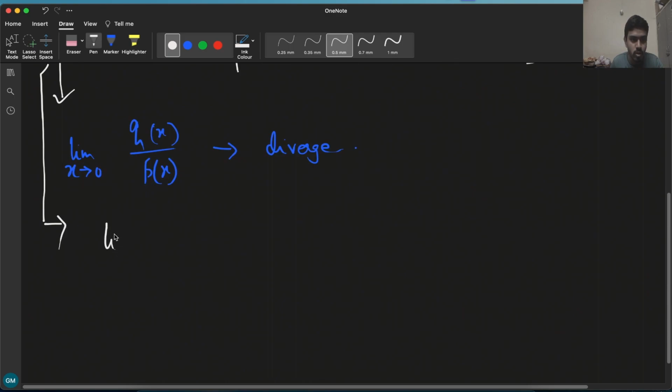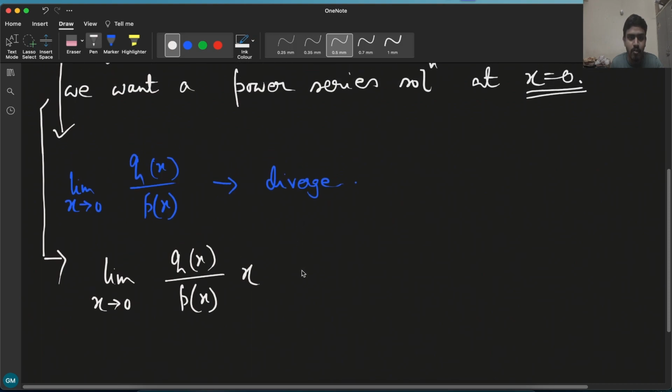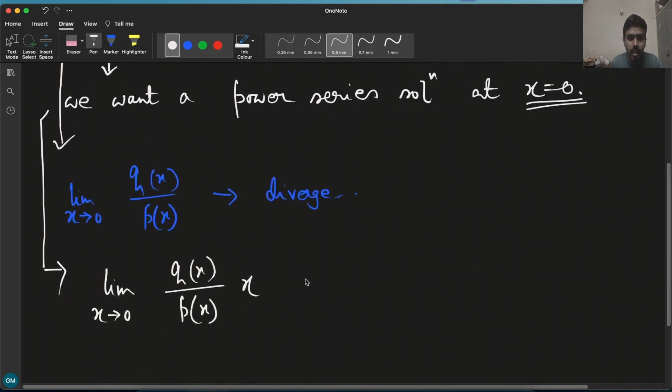So for that, what you need to calculate is limit x tends to 0, Q(x) divided by P(x) times x, which is nothing but 1.